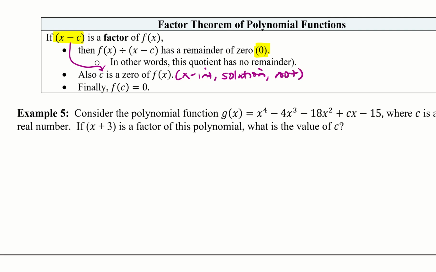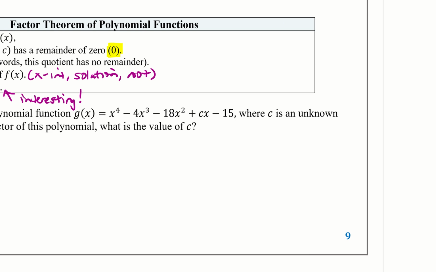And finally, I think the most interesting thing is that if you take the function f and you evaluate it at any of its zeros, any of its roots, you will always get a value of 0. Now, let's think about why that would be. When we find roots and zeros, what we're finding are x-intercepts.